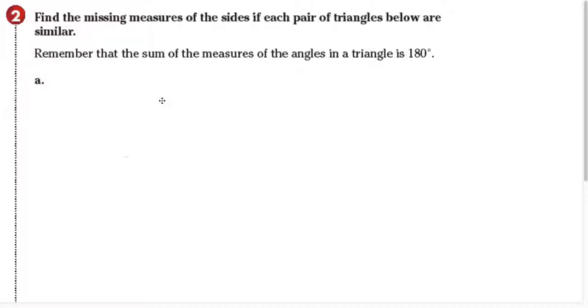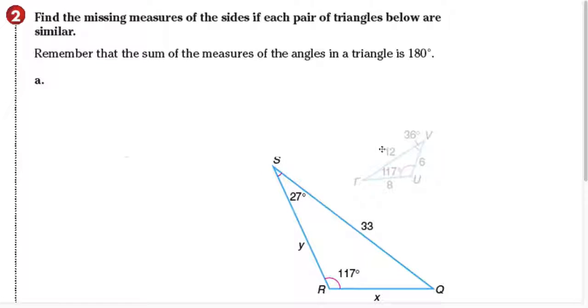Remember that the sum of the measures of the angles of a triangle equals 180. Okay, so in letter A, well, we have to show the triangles first, and this is one triangle right there, and this is the other triangle.